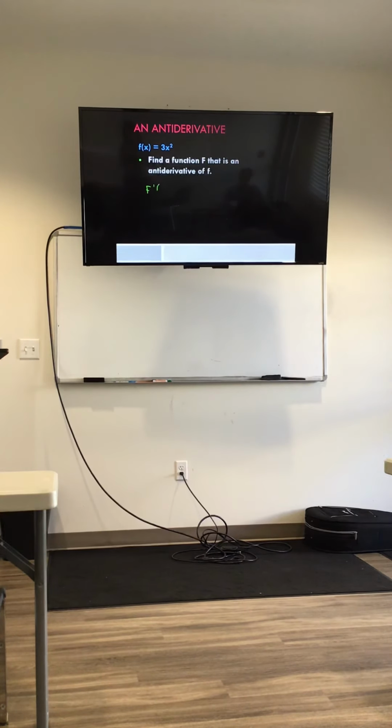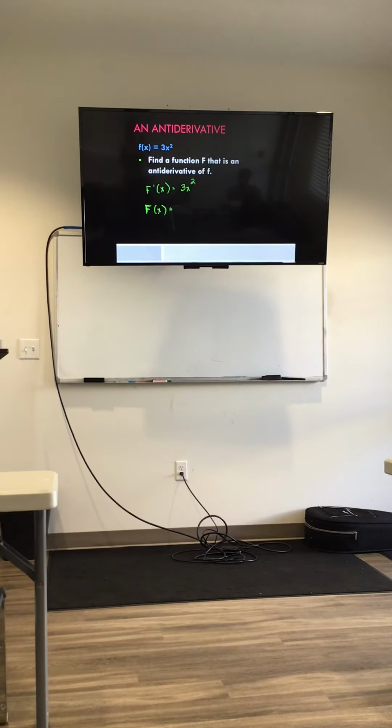The derivative answer is 3x squared. What original function, so it's calling it capital F for the original function, what original function would lead me to a derivative of 3x squared?